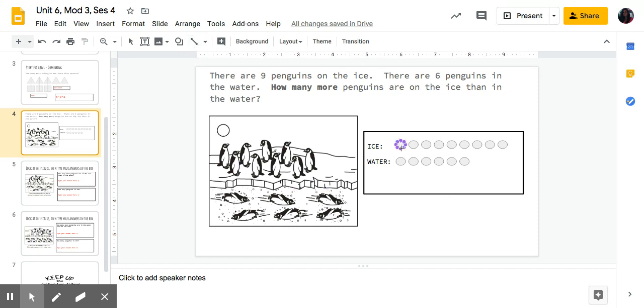these penguins. I have 1 penguin on the ice and 1 penguin in the water. And this one is also the same. So now I have 2 penguins on the ice, 2 in the water. This is the same. Same.